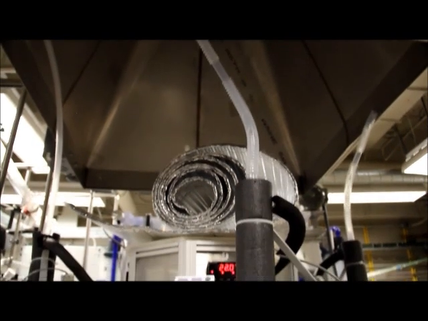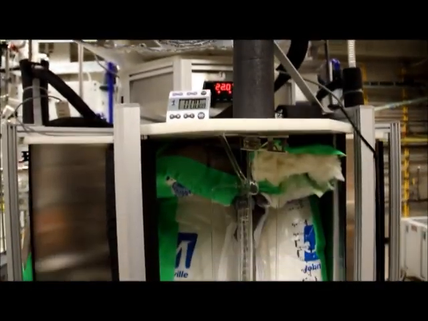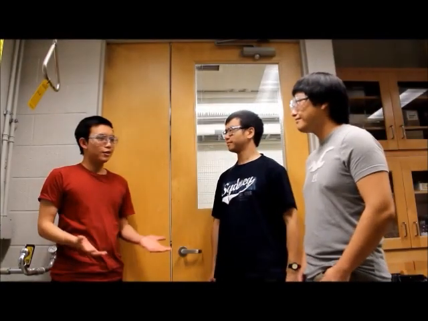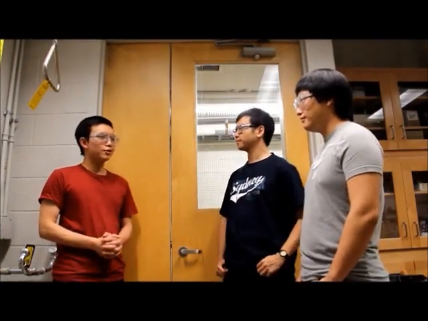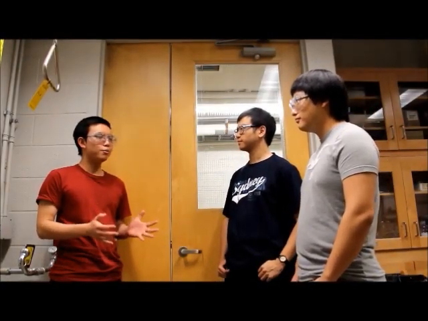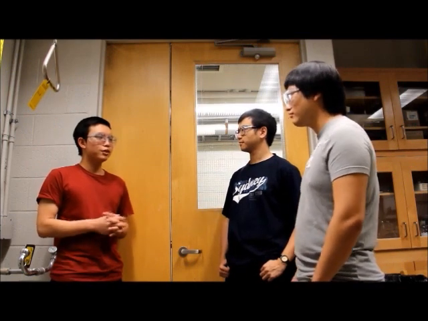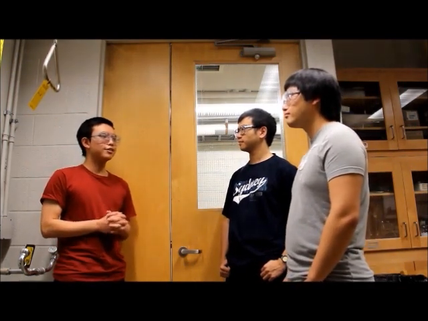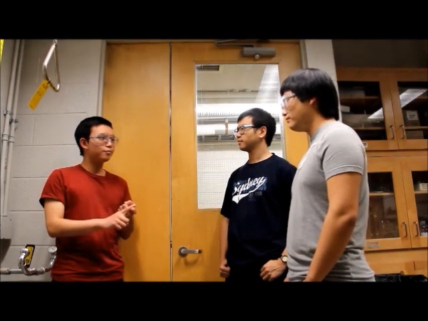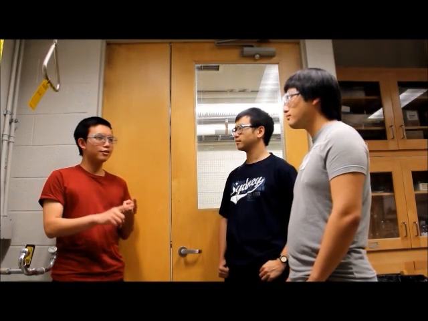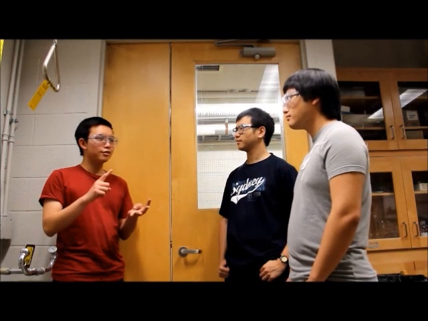Okay, next we will go over safety for this experiment. Okay guys, so in the case of fire or vapor cloud, please follow ACES. ACES stands for Alert, Contain, Evacuate, and Special Assistance.